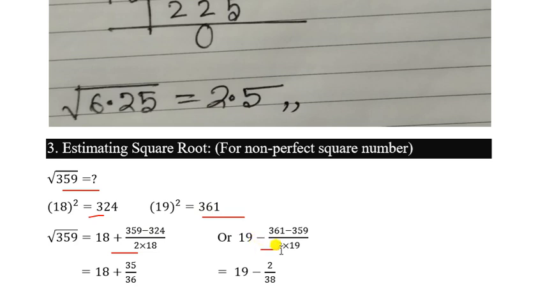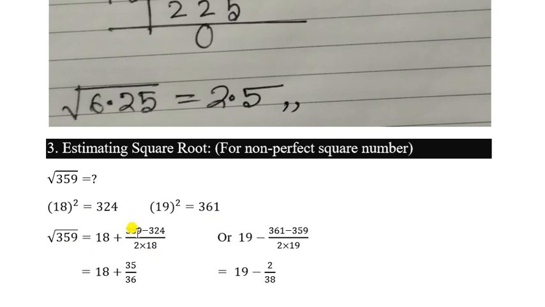Now how to find it? I am going to explain for 18 because it is the smaller number, and we go from 18 squared to 359. First write 18, then a plus symbol, because going from smallest to largest you add some number.